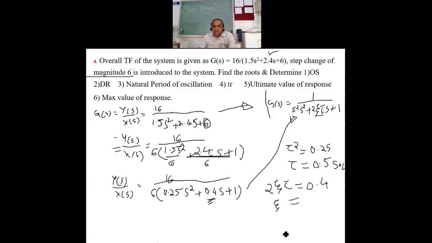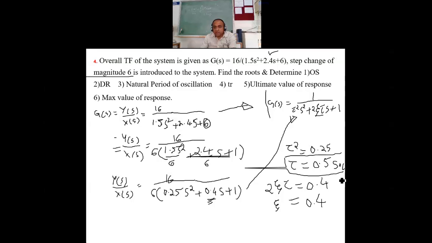Alka has given 0.4. Please check. Tau you know is 0.5, and 2 is there, so 0.45. Somebody has got 0.45, somebody has got 0.4. Sukir says 0.4. We'll take it as 0.4 only.